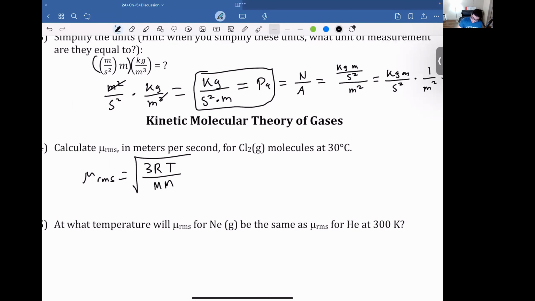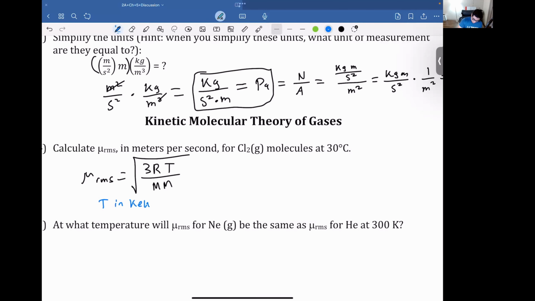T is in Kelvin. And R is 8.314 joules per Kelvin mole.